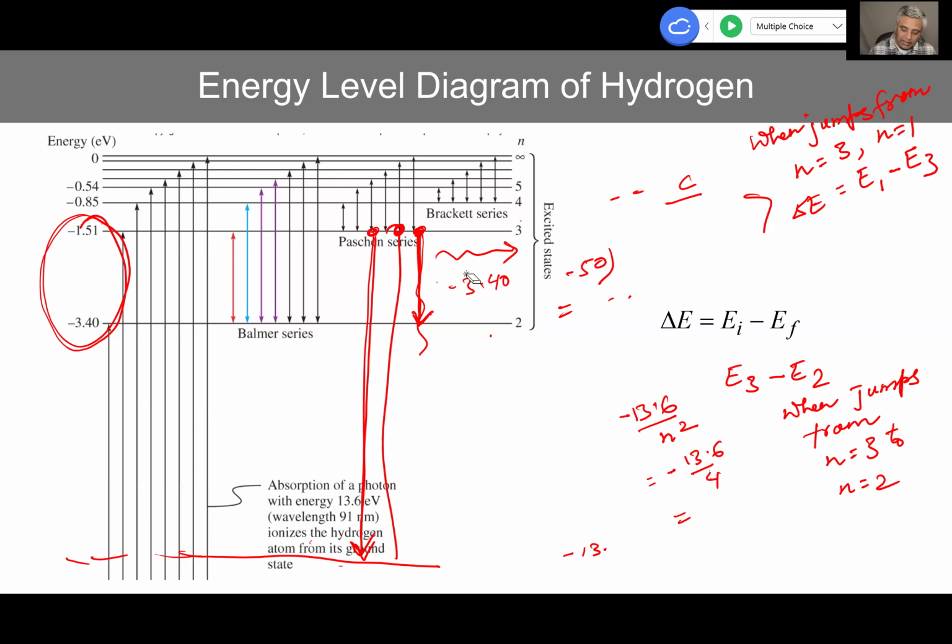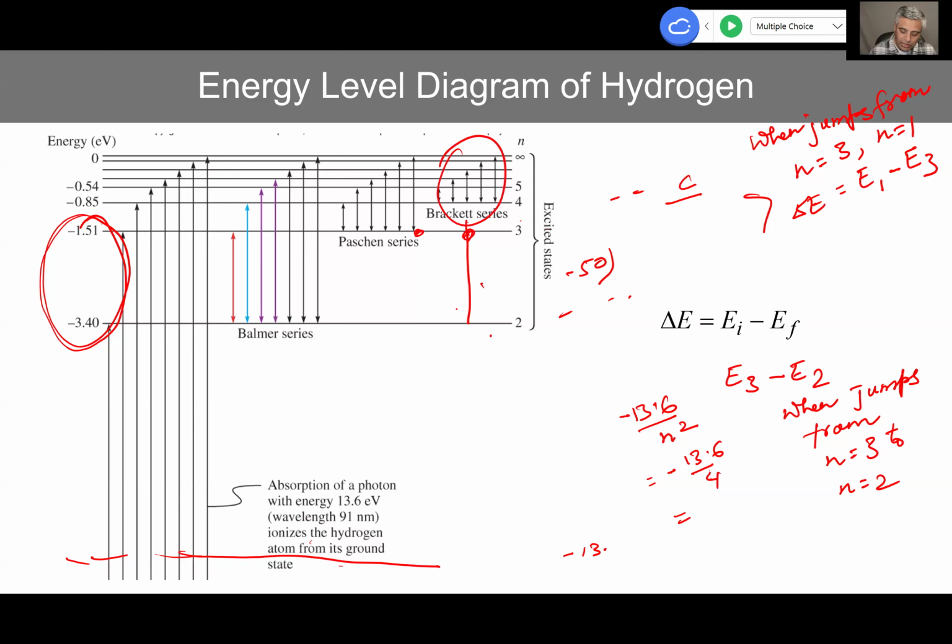All the light that we can see results from the jumping of the electron from the third or higher state to the second one here. Okay, all the higher ones to the second. The one that jumps from third to second has the lowest energy, so it's going to have the longest wavelength, which is why it is red.